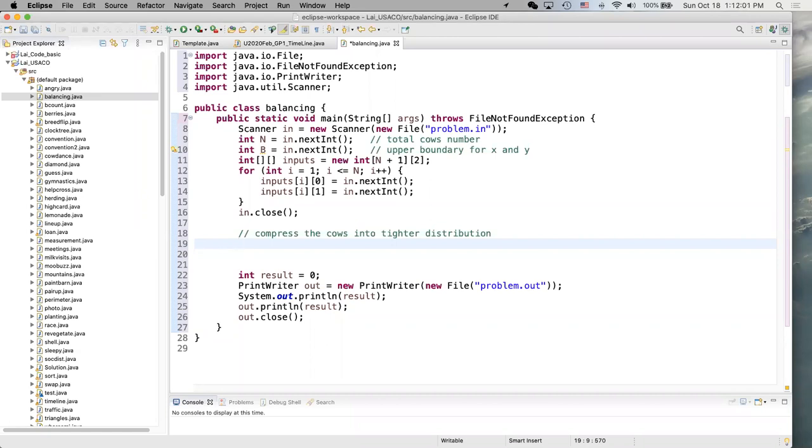So first you have to sort the inputs based on x. Then we need a pair that tells us what is x from the original to x in the new.